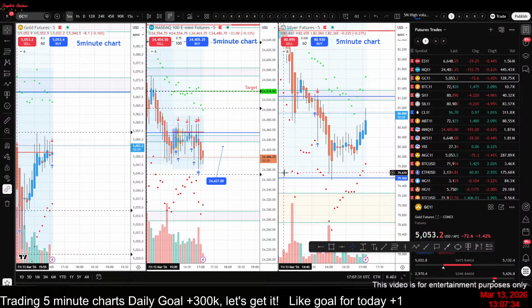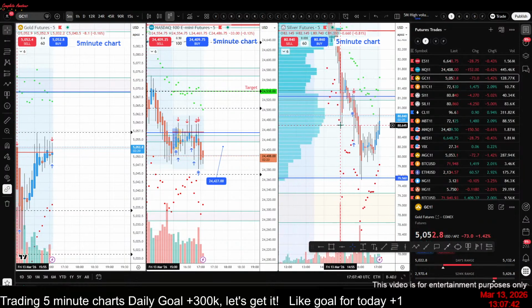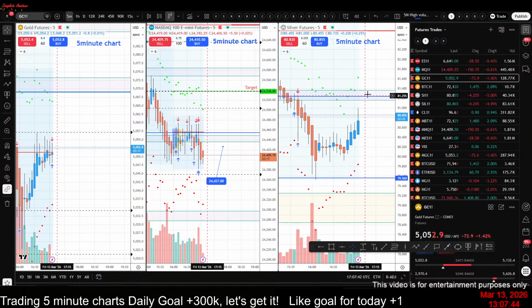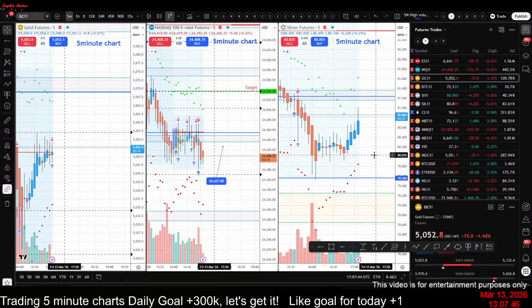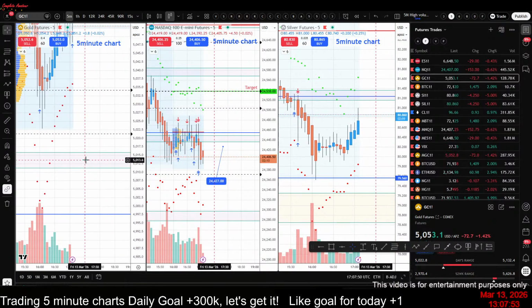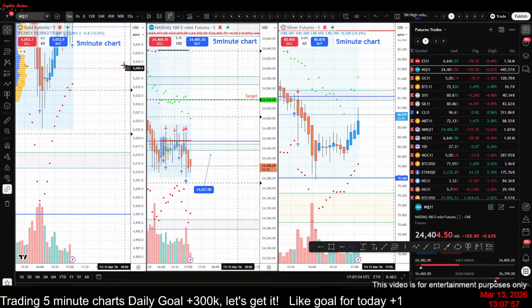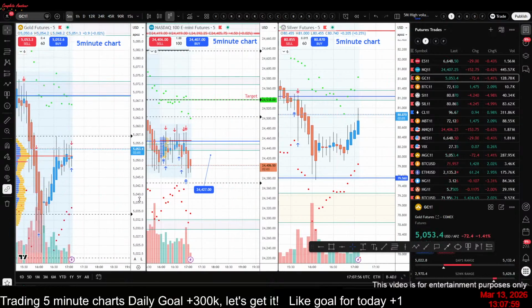Doesn't seem like I'm going to have many opportunities left here today. Can't imagine we're going to sell back off this area. We're looking at this area down here to buy. But we'll see.